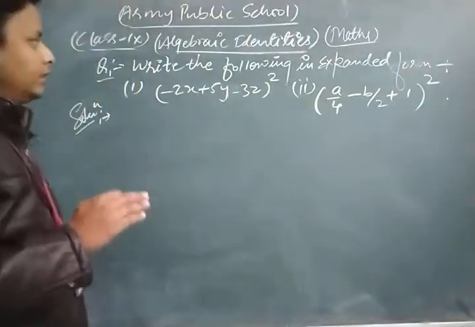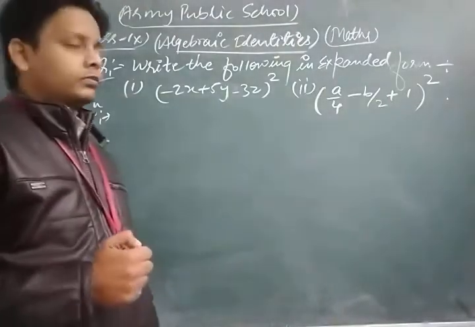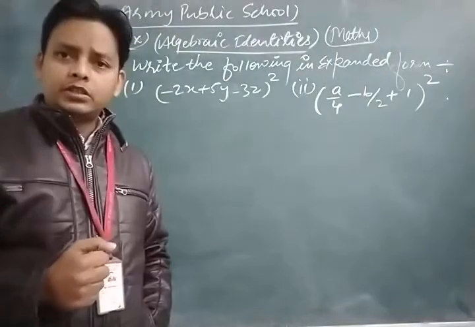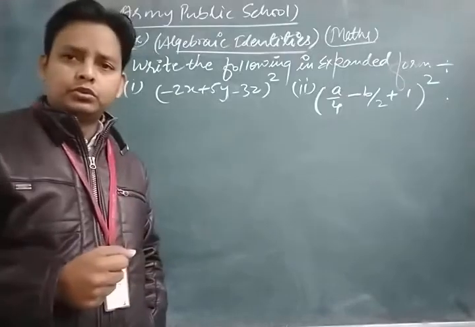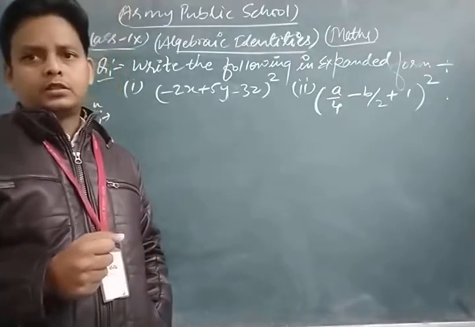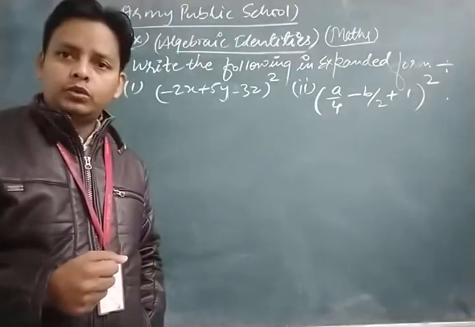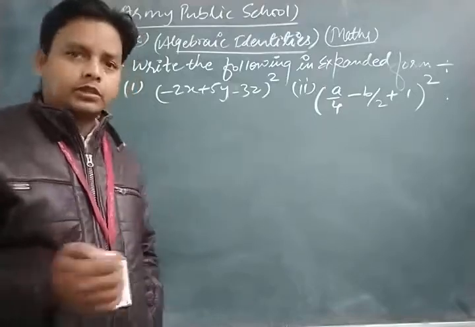Write the following in expanded form. First one is minus 2x plus 5y minus 3z whole square. Second one is a upon 4 minus b by 2 plus 1 whole square. So we know the identity, dear students.